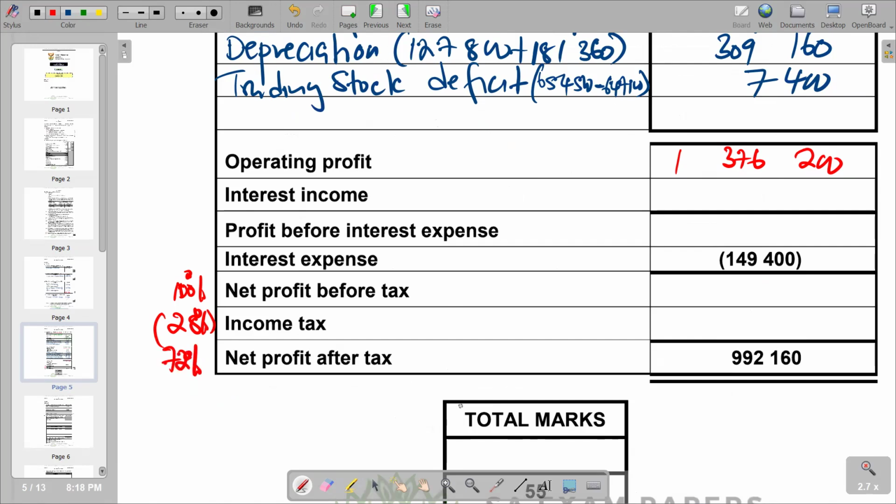So we can just make some proportionate calculation there, whereby we are saying to get our income tax, we are going to say 28 over 72 times 992,160, so that we can get our income tax. So we can try to calculate it as such and see what we get.